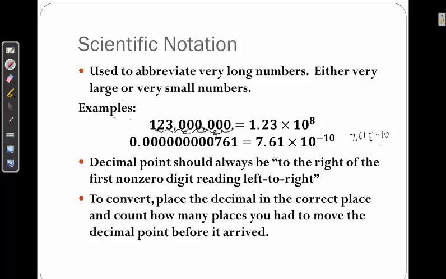If you move the decimal place to the left, you get positive exponents on the 10. And if you move it the other way, you get negative exponents on the 10. That's really all there is to it as far as converting to the notation.